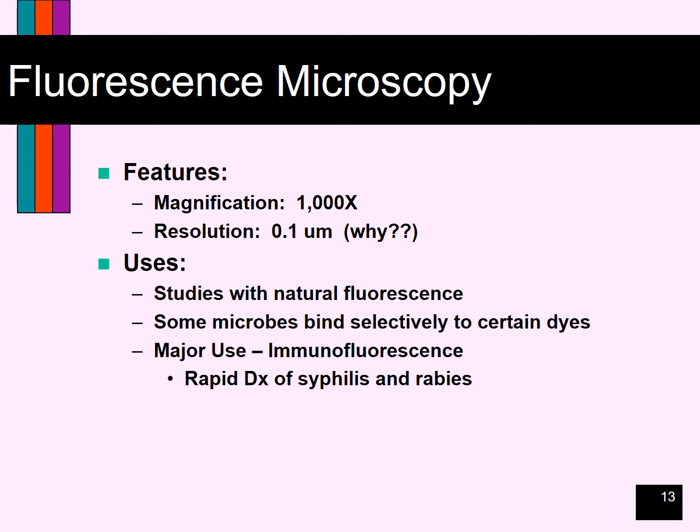Blood could be drawn from, say for instance, a rabbit, and antibodies could be isolated and attached to a fluorescent dye.